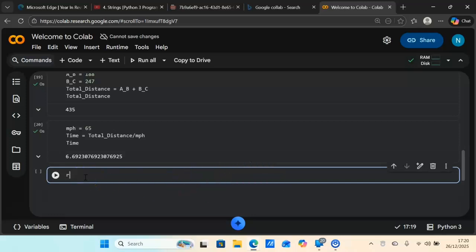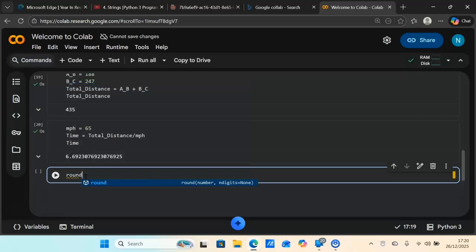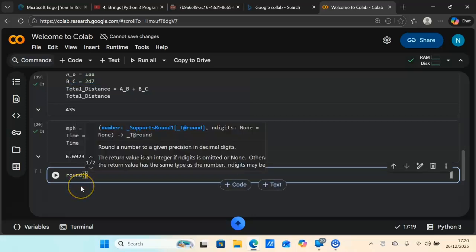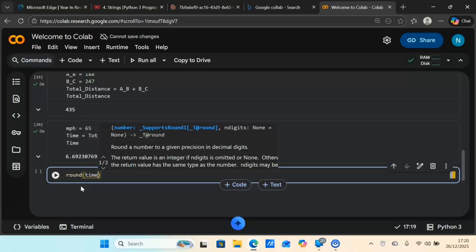We have a mathematical operator that we use to round up numbers. So this is what we're going to do. We're going to have round, then you open a bracket. In this bracket, your first argument should be time. Then, because this is what you want it to work on, you put the number of places you want it to round up to.